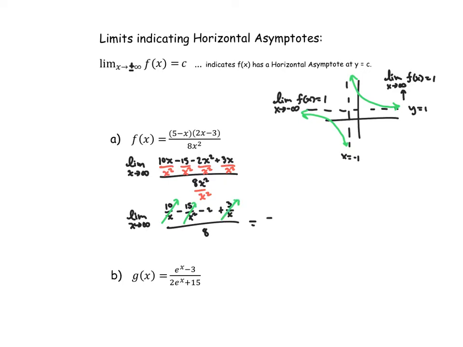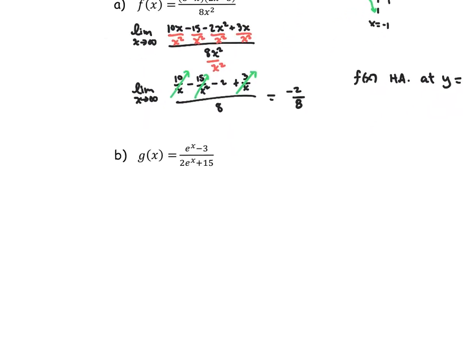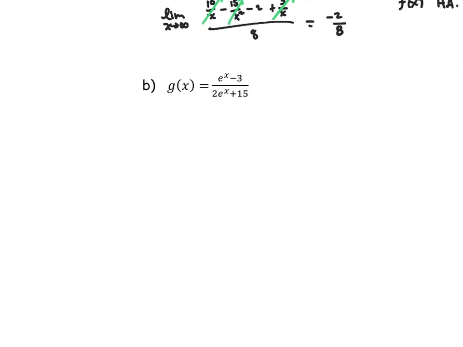So this will evaluate to -2/8. Okay, so we would know that f of x has a horizontal asymptote at, not x, y equals -1/4. Now with a polynomial over a polynomial in rational form like we have here, you won't have to check both sides. You wouldn't have to also take the limit as x approaches negative infinity. But if you have an exponential, yeah, you're going to want to pay attention to that.